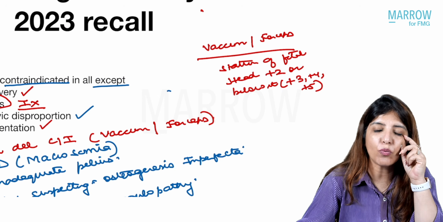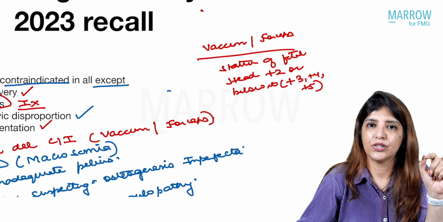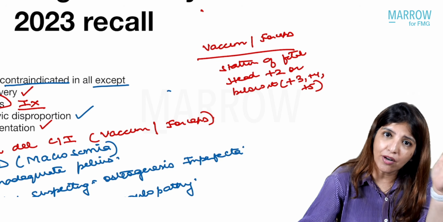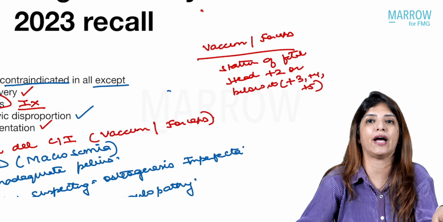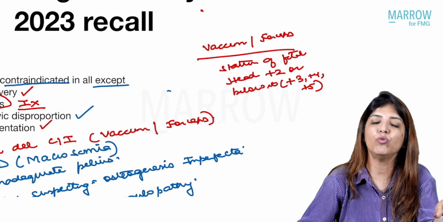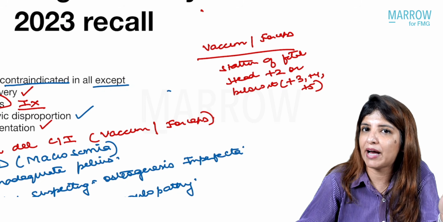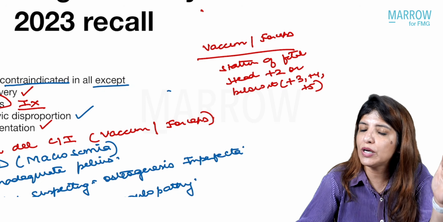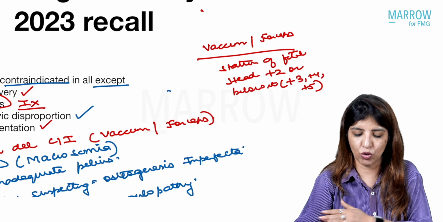So if your question says that station 0, again vacuum and forceps are contraindicated. These days we do not apply forceps or vacuum if station is above +2. We have to apply vacuum and forceps only if station is +2 or below that. Clear to all of you?